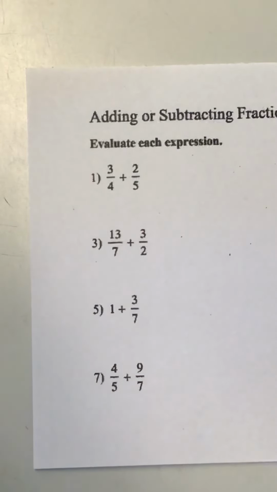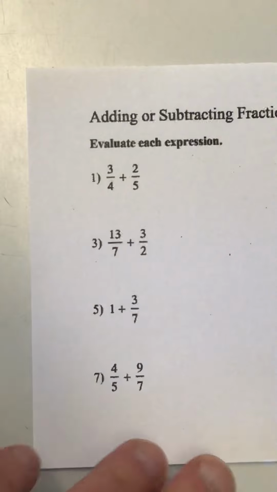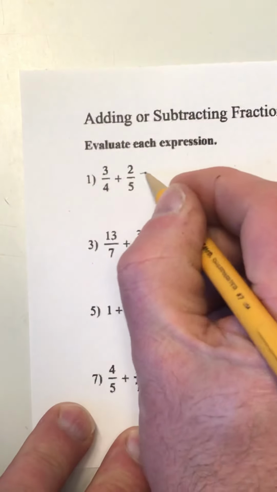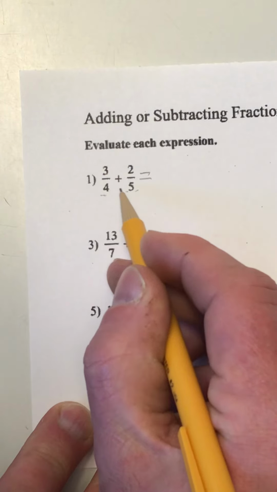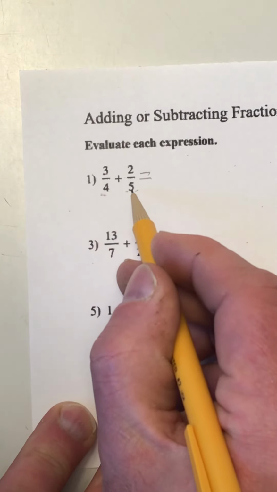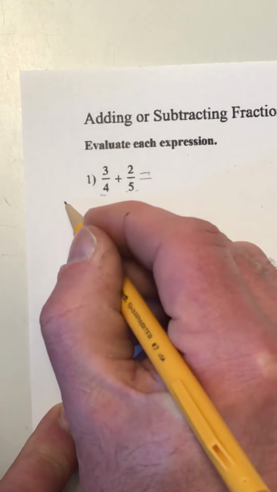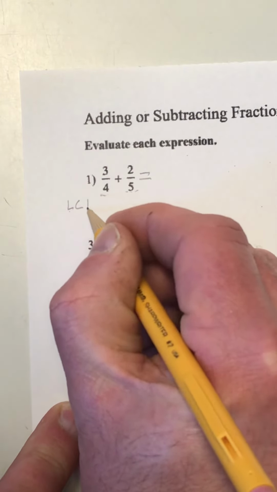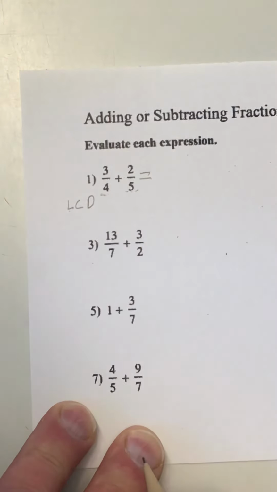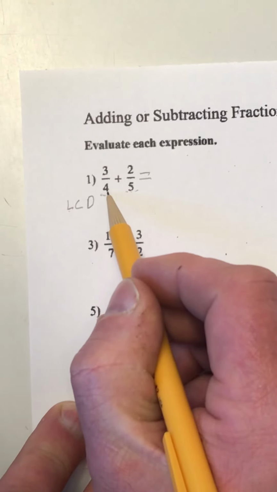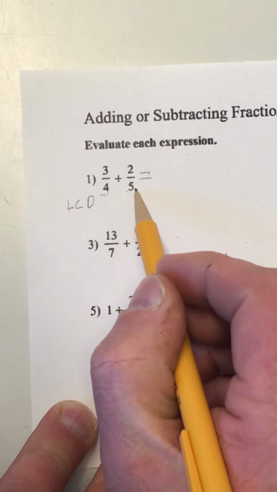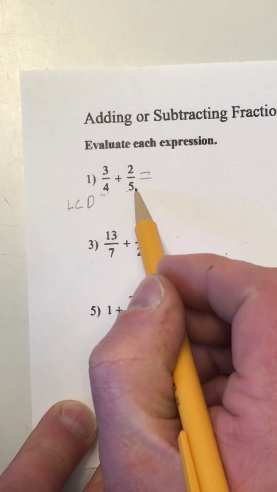So when I'm looking at a problem like number one, what I'm going to do is think about what is the number that 4 and 5 would go into. We call that the least common denominator, LCD. Okay, 4 will divide evenly into 20, and that's the lowest number that 5 will also divide evenly into.